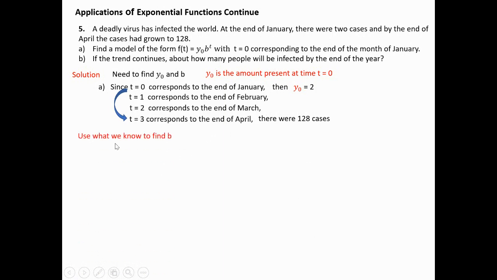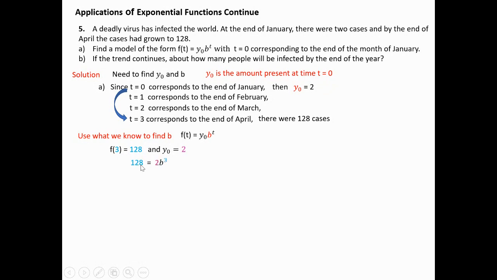So then we use what we know to find b. Here's my formula: f of t equals y naught times b to the t. So we're looking for b. This is what we know: in 3 months from when it started, there were 128 cases, and y naught equals 2. So I'm going to plug in the 2 for y naught, and I'm going to plug in the 128 for f of 3.